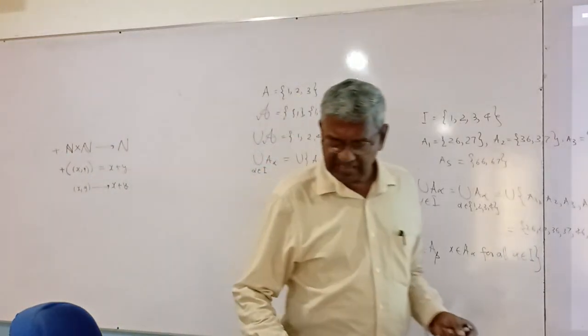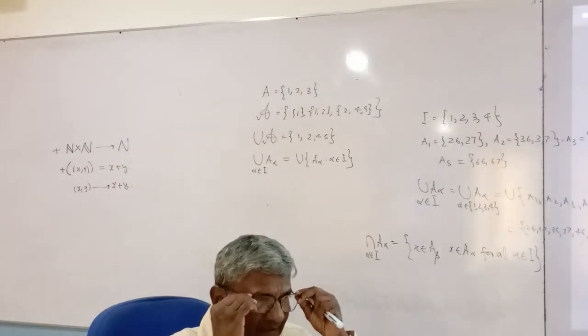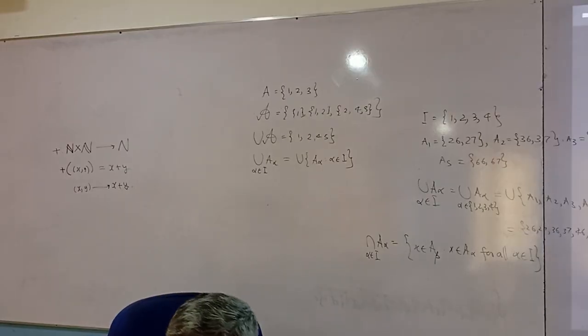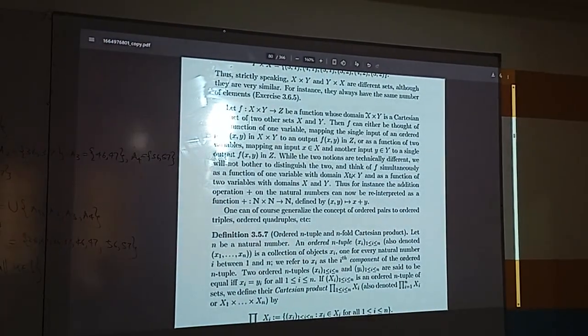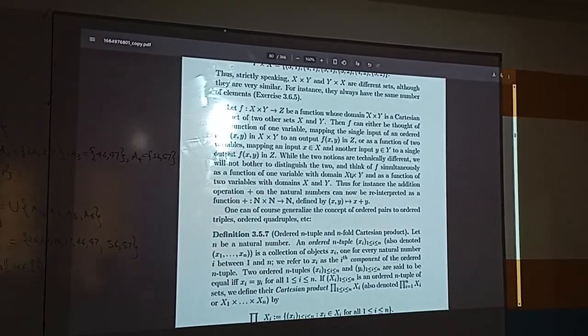One can, of course, generalize the concept of ordered pairs to ordered triples, ordered quadruples, etc. Okay, now, ordered n-tuple and n-fold Cartesian product.